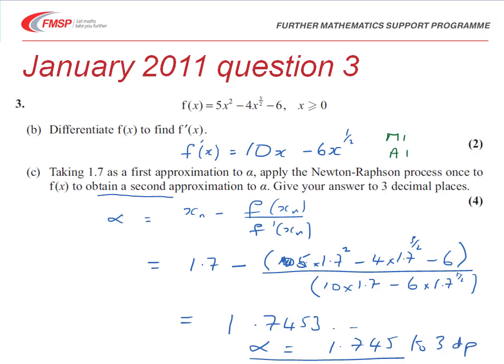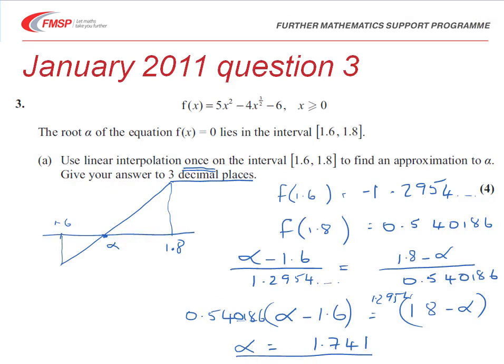The marking there comes from B marks first of all. These are marks which don't have any method associated with them. You get B marks simply for calculating these two values here, so 2 B marks there.